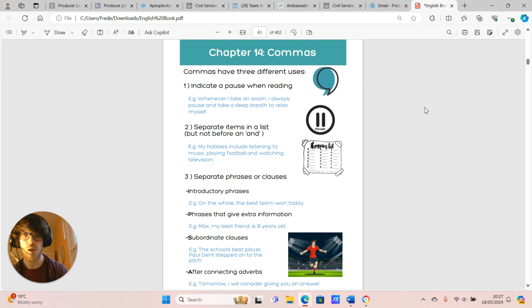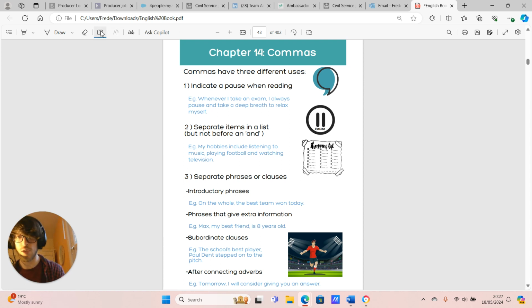You notice that. The comma saves you from having multiple words next to each other with no verb. Otherwise, if you didn't have a comma there, what you'd have was to include listening, and then you'd have this many words without a verb. To music, playing football, and watching television. 7 words without a verb. Very long time to not have one. That sentence will start to make no sense. So those commas help you out there.